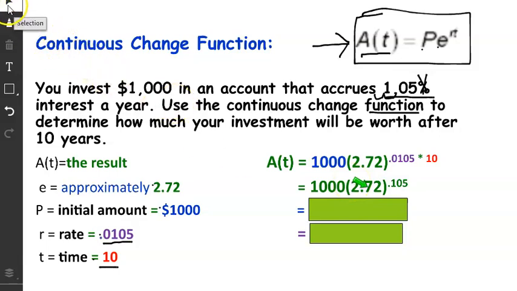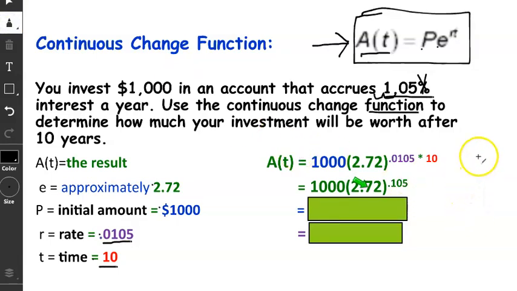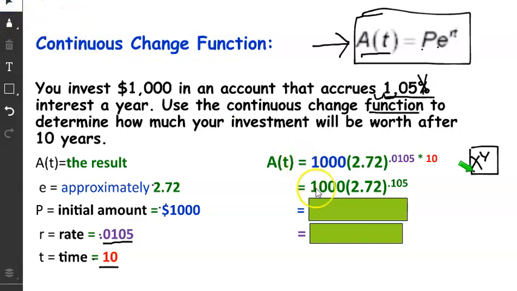If you're using your cell phone, you can use this little button, X to the Y, I believe, on your cell phone. What you do there is take 2.72, hit this button, and then enter 0.105 equals, and what does that equal? 1.11, and that's rounded.